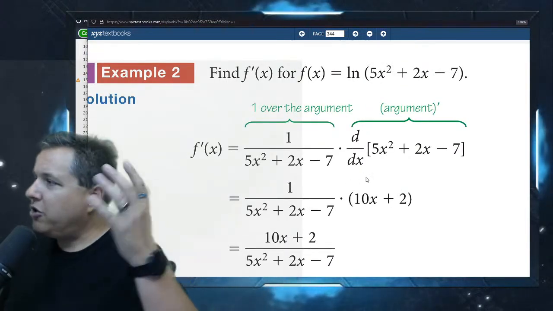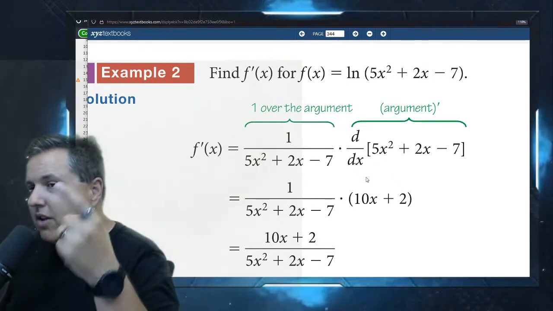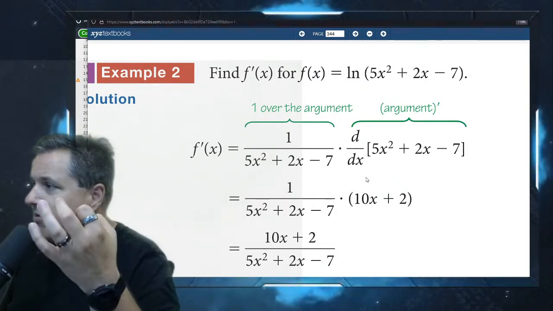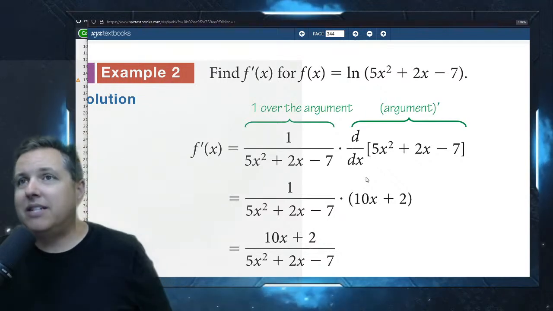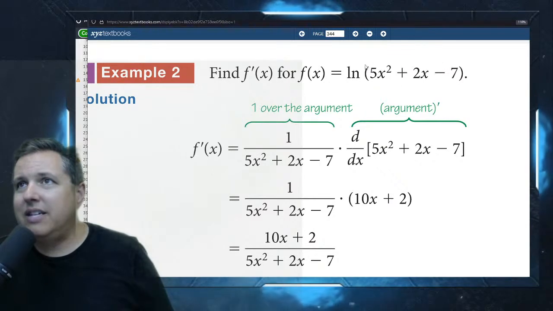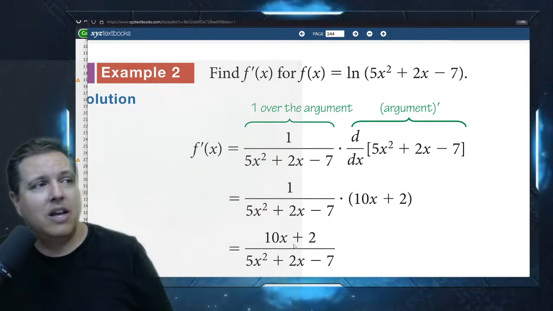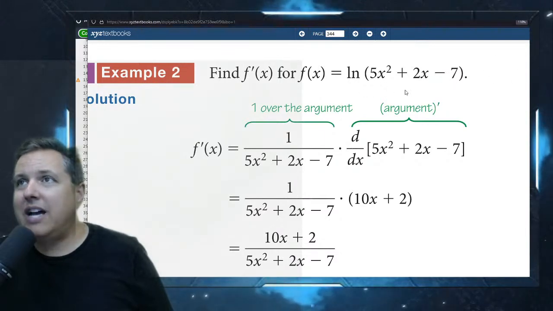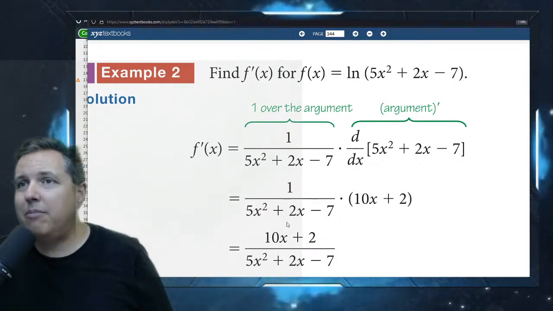So when you're doing the derivative of the natural log of something, it's real easy. Basically, you're going to end up with a fraction where the thing that's inside the parentheses becomes your denominator, and the derivative of what's inside the parentheses becomes your numerator.